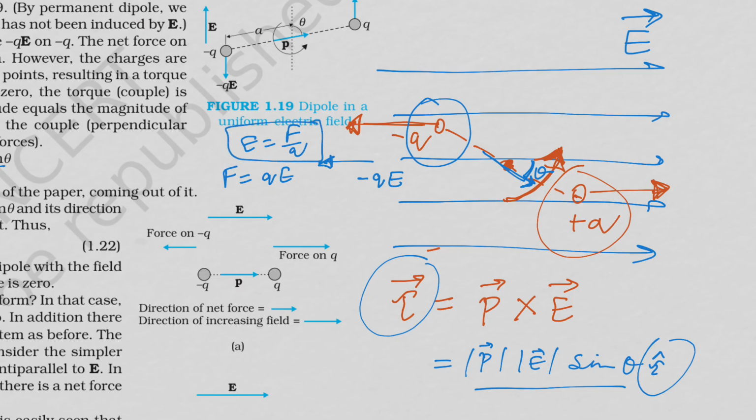So there are two forces working on this electric dipole. One is the force towards the left, and the force towards the right is on the positive charge.